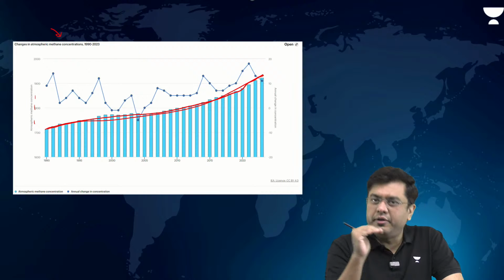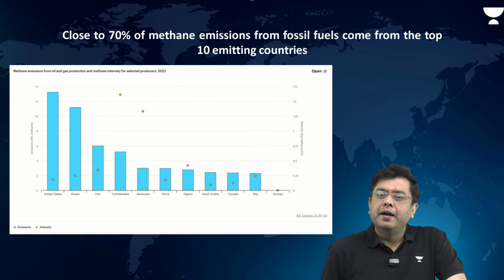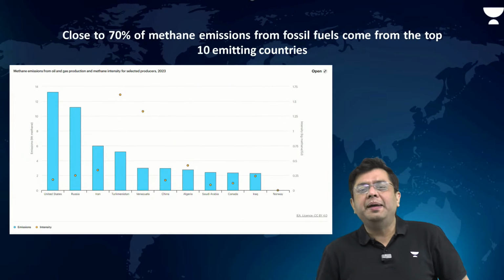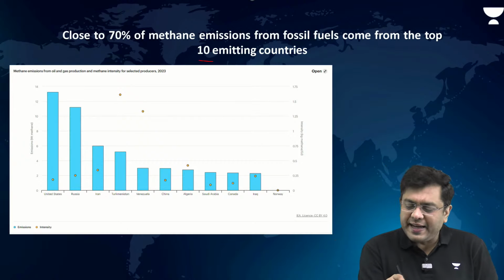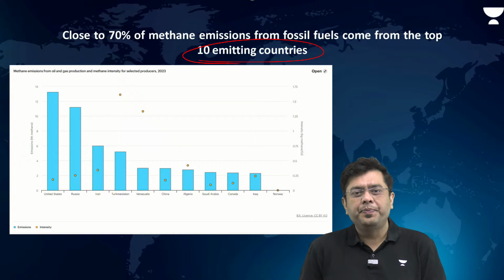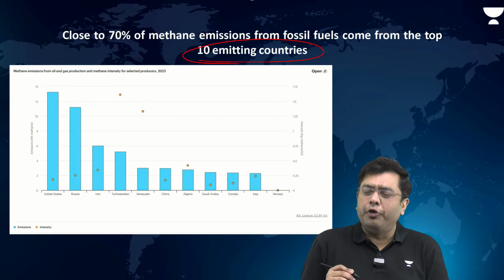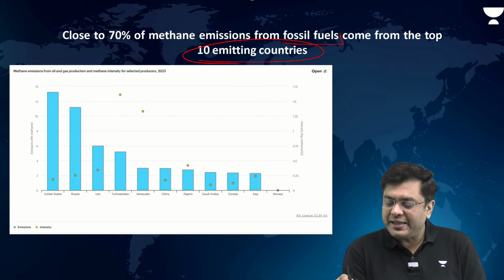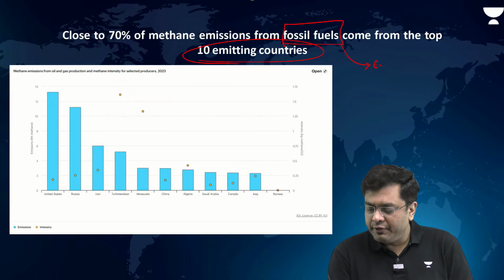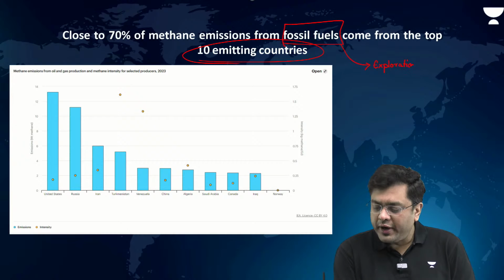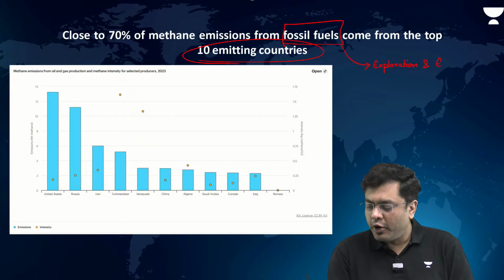It has been regular. Close to 70% of the methane emission is carried out by a few major emitters, 10 emitting countries itself. And that is majorly by fossil fuels, in various stages of fossil fuel use, that is, exploration, when you start the drilling, and extraction of methane.